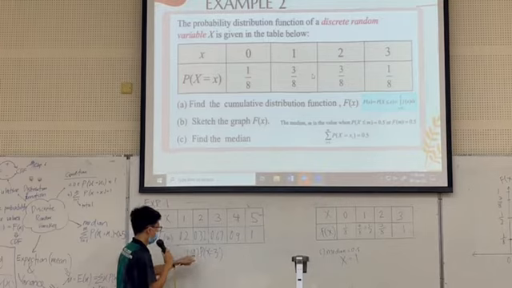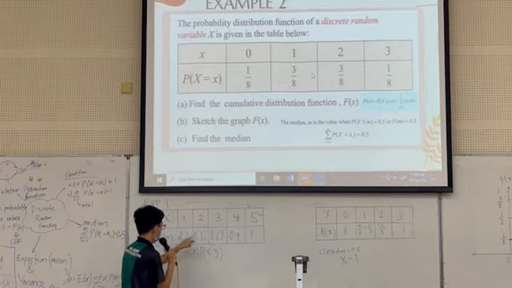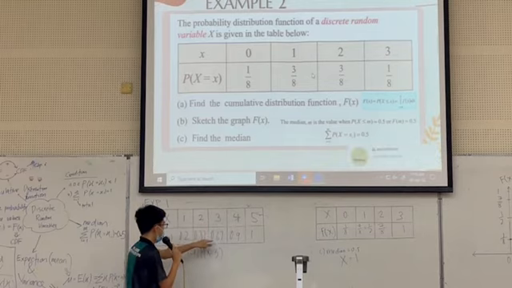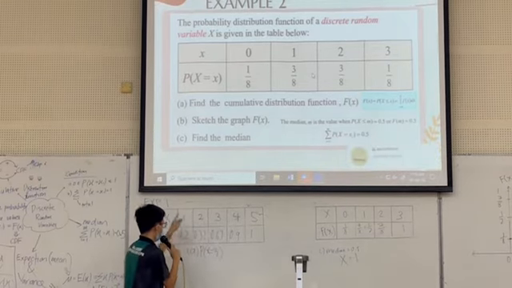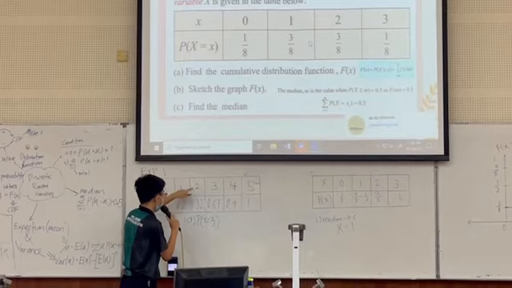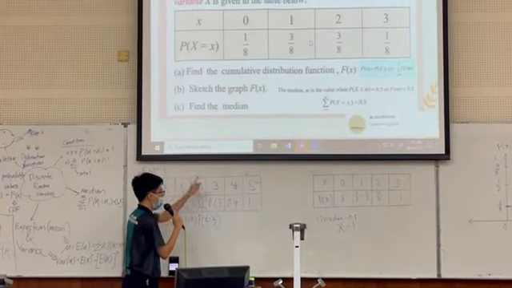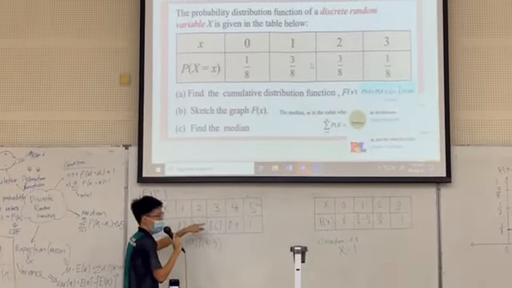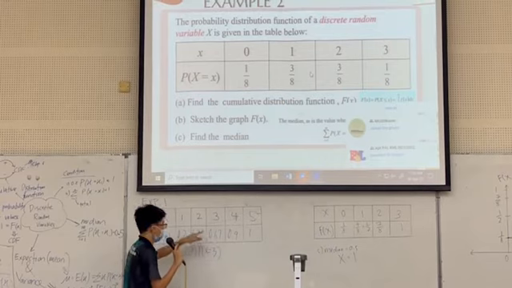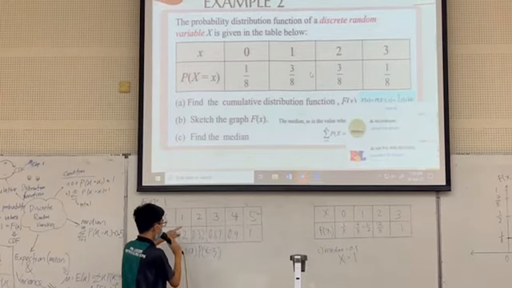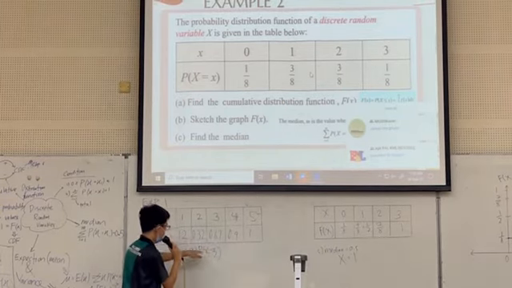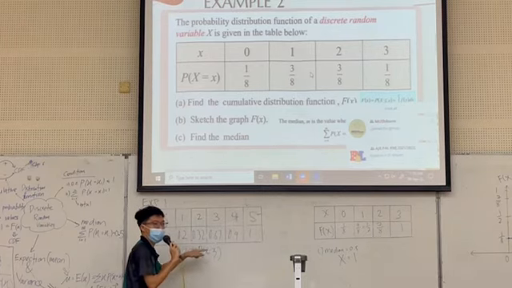So we want to find x equals to 3. But this table shows that 3 is 0.67, meaning the value of 1, the value of 2, and the value of 3, sum up all these 3, we will get 0.67.